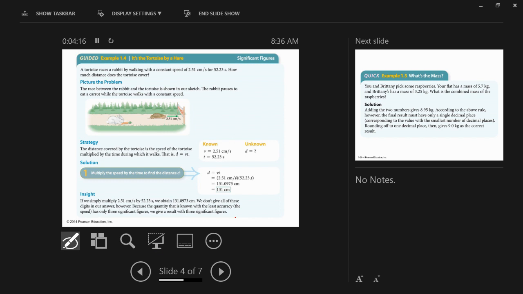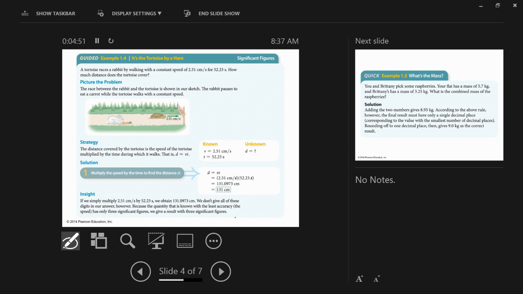So now we're going to plug our numbers in. We got 2.51 centimeters per second equals distance over 52.23 seconds. Now, if you like to rearrange your equations before you put your numbers in, that's fine, and then put your numbers in last. Or you can plug in the numbers and just solve for the one that's left. So how are we going to get D by itself? Multiply both sides by 52.23.